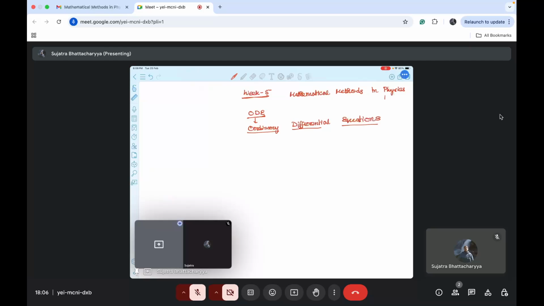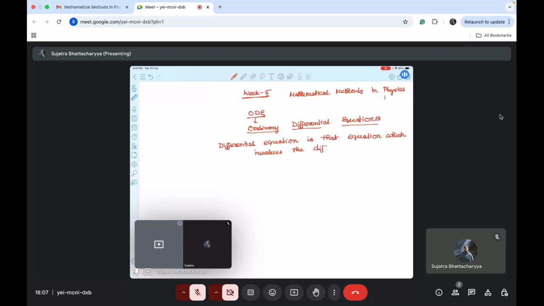Before going into the details of the ordinary differential equation, let us know what a differential equation is. Let me write down the definition. The simple definition is that a differential equation is an equation which involves differential coefficients.